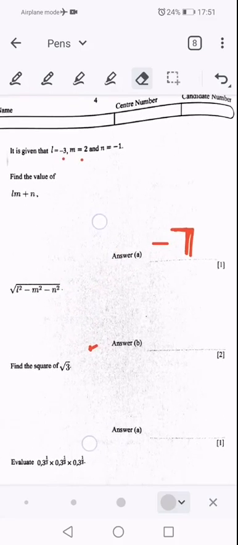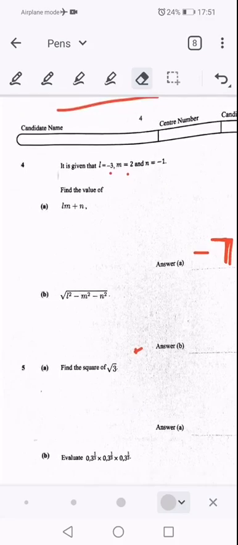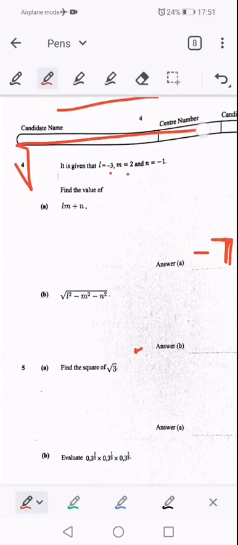Question B says root of L squared minus M squared minus N squared. So this one, I want you to listen to me. This means root of, the value of L is what? Minus 3. Then you put a bracket like this, squared.